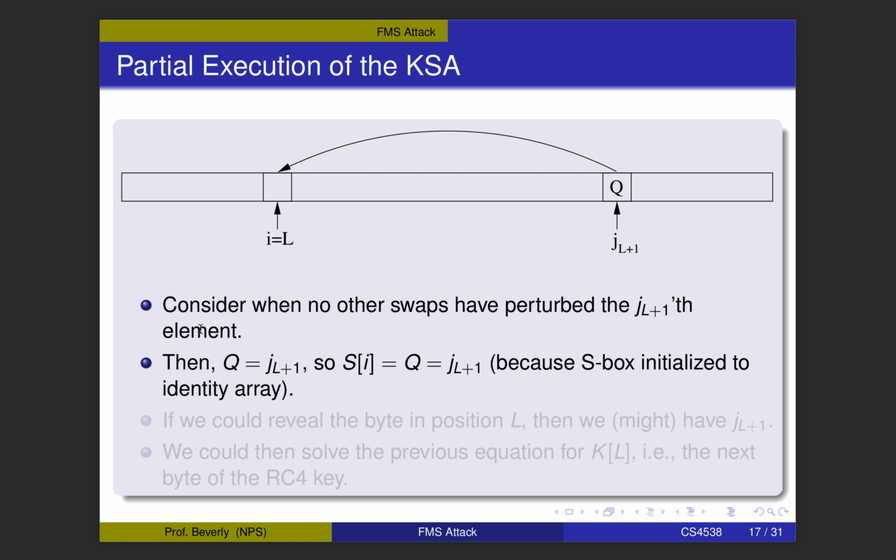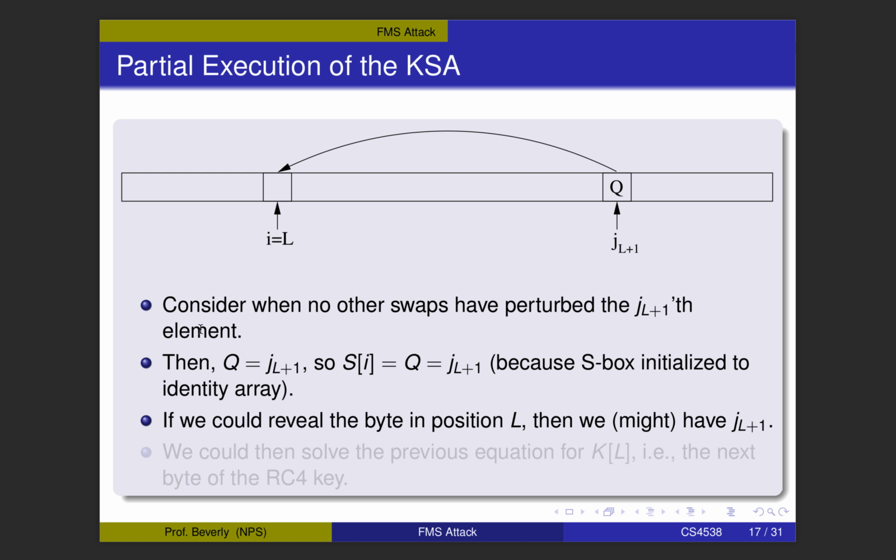So if there's been no other swap that happened to swap that position, then at this point in time, Q is going to be equal to exactly J of L plus 1. What I mean by that is if J is pointing to, say, the 200th element, if no swaps have occurred, then the 200th element is equal to the value 200. And what this means is that the value 200, Q, will be swapped into this position I.